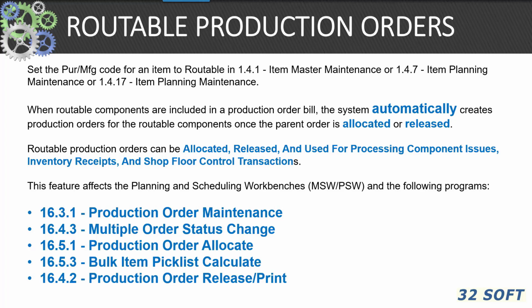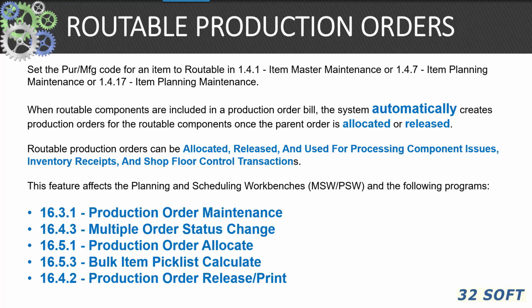There are routable production orders. Now, this has been around for a fair amount of time, but this plays into the new production order and manufacturing arena. You can effectively set the make by code to a routable code, either in the item master or the item planning. And when components are included in the production order bill, the system will automatically create production orders for the routable items.